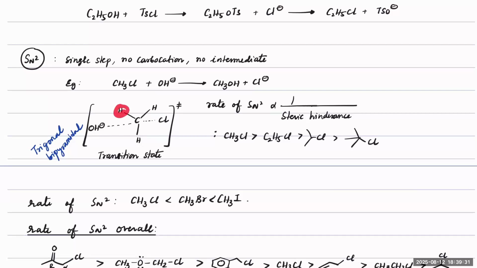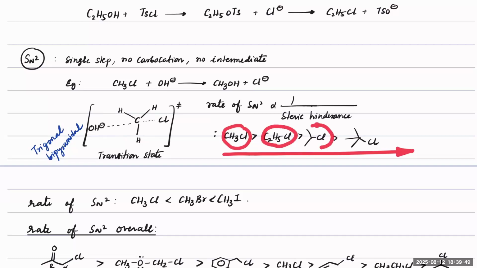So with fewer bulky groups, if they have only hydrogens, then the attack will be at a faster rate. That's why you see SN2 reactions work like this. So it has to have very low substitution on the carbon bearing the chlorine. Same is the case here, same is the case here, and same is the case here. Got it? This is about the rate of SN2.